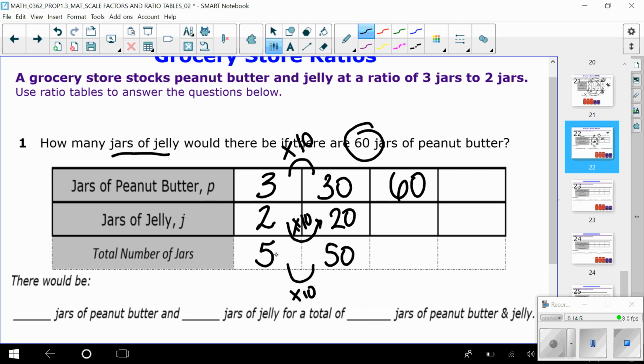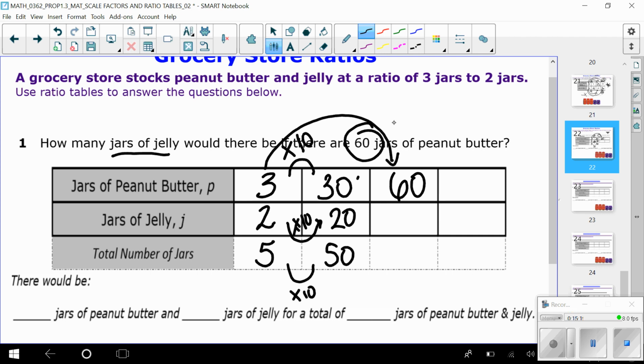Remember that scale factor, 5 times 10 gives me 50. Okay? So if I can do times 10 here, then I can do from this one to this one, right? Or I could do 30 to 60, or I can come back to my original ratio and do 3 times what gets me 60.